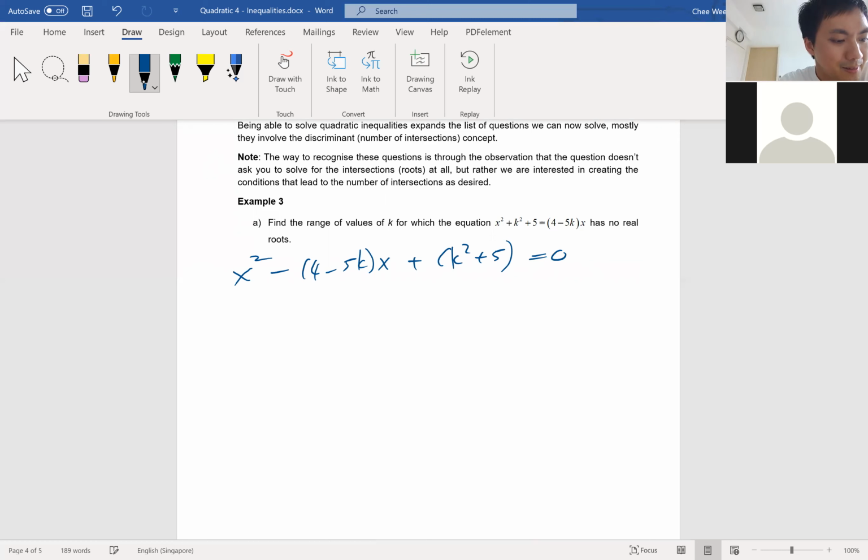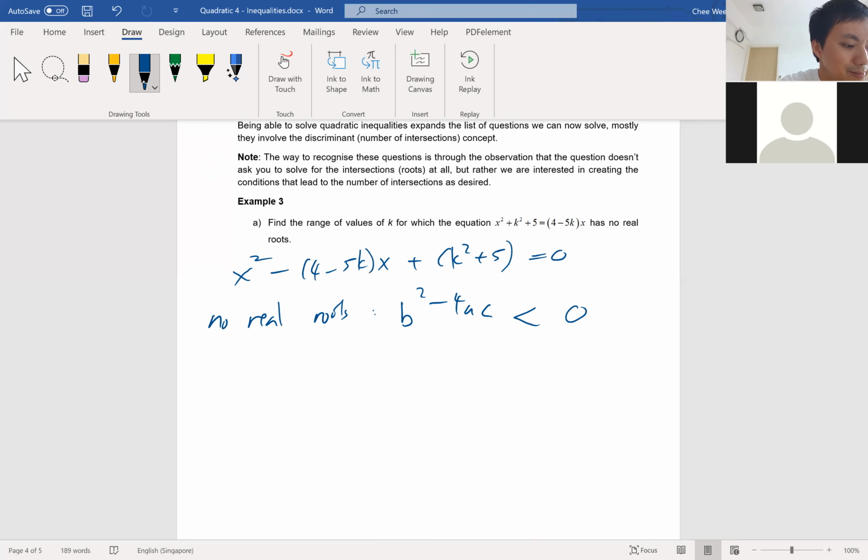And then after that, if it has no real roots, then b squared minus 4ac is less than 0.